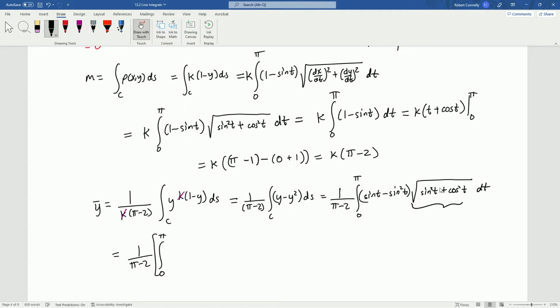So again, this square root is just equal to 1 in this case. I'm not going to split it up yet. What I'm going to do instead is start with my power reduction formula. So what's that going to give me? I've got sine squared of t, so I'm going to have 1 minus cosine of 2t all over 2.